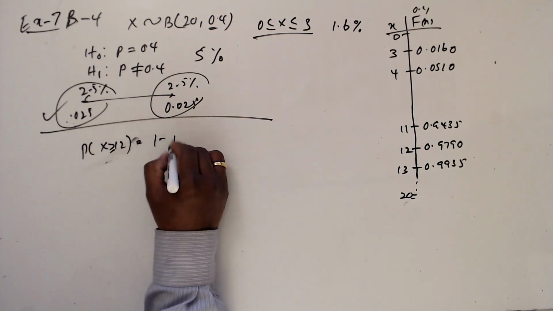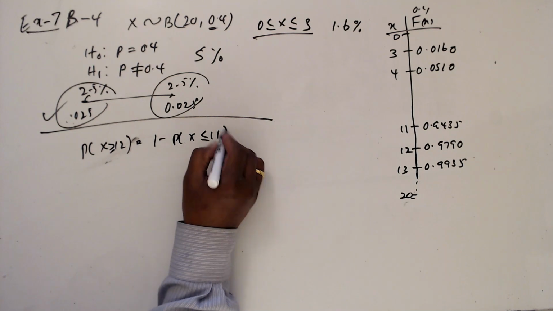The probability of x greater than or equal to 12 is 1 minus the probability of x less than or equal to 11.